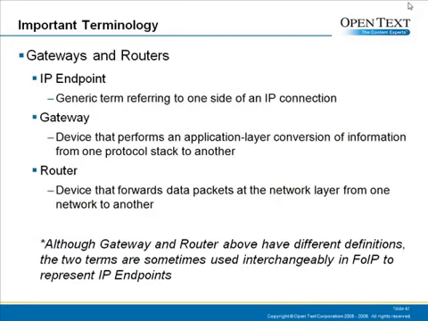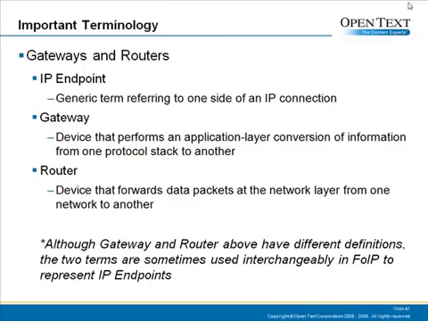There are three primary types of IP endpoints that can be used in a fax over IP implementation. An IP endpoint is just a generic term referring to one side of an IP connection. The first type of endpoint is the fax server. A gateway performs an application layer conversion of information from one protocol stack to another, typically linking the IP network to the PSTN.